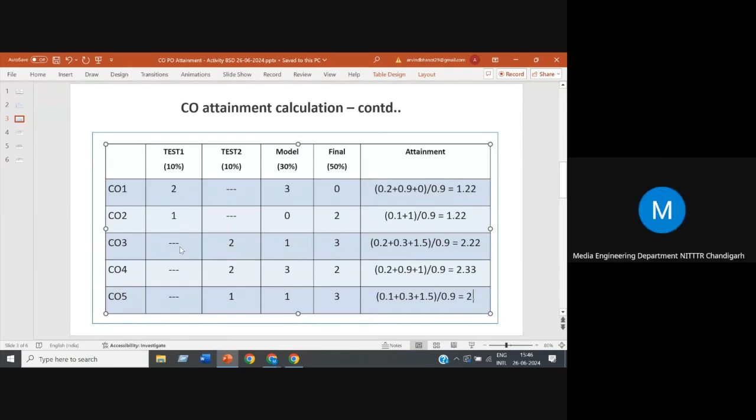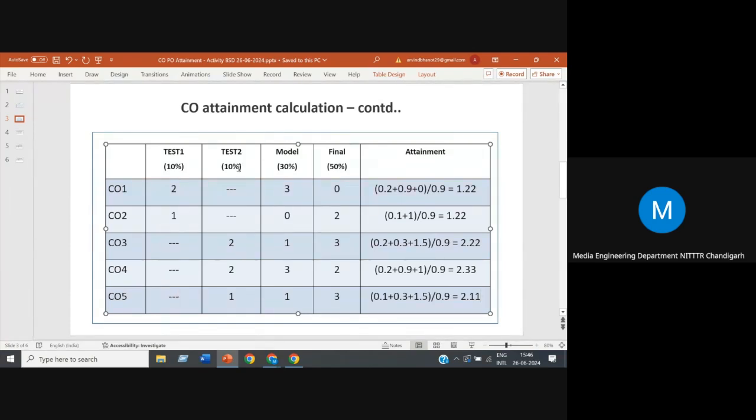Sir, why should we divide by 0.9? Actually, we are dividing this by the sum of weightages which are mapped with that CO. Like CO5, it is not mapped with test 1.